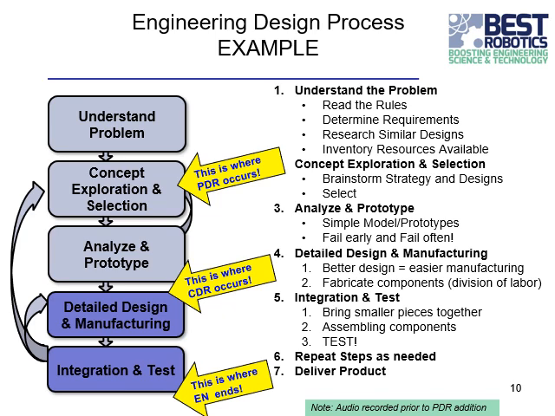A simple model or prototype could be a drawing, it could be something with cardboard, it could be a computer-aided design, but you want to try different things and test it out against what the rules say and what the requirements are. There's one suggestion: fail early and often.